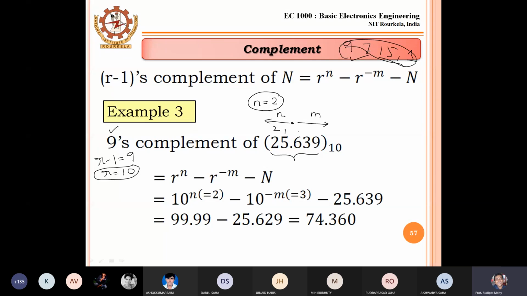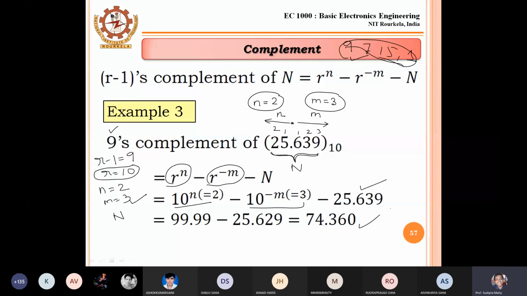To find small m, it is 1, 2, 3, so small m equals 3. Now we have all the data, and this is nothing but capital N. So 10 to the power 2, r to the power minus m is 10 to the power minus 3, and n is known. Substitute, and you will get this result. Is it clear?